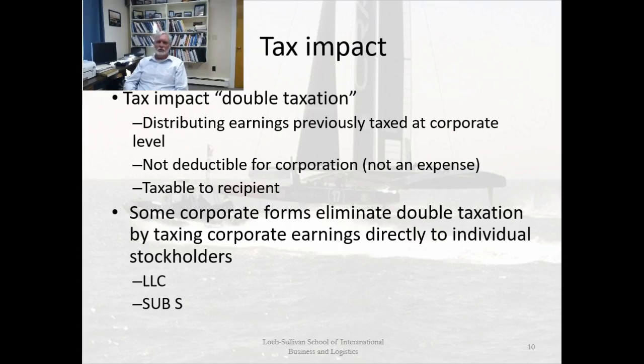LLCs and sub-S's are very popular in small to medium-sized businesses because small business people don't want to be subject to double taxation. So they set their organizations up as LLCs, usually, sometimes sub-S's, in order to eliminate that double taxation problem.